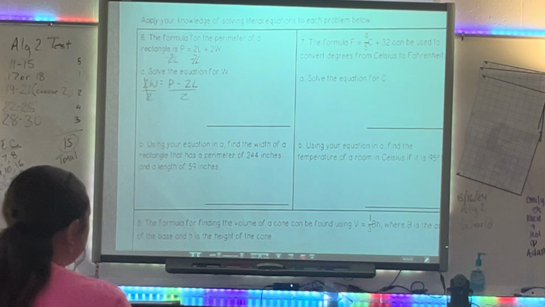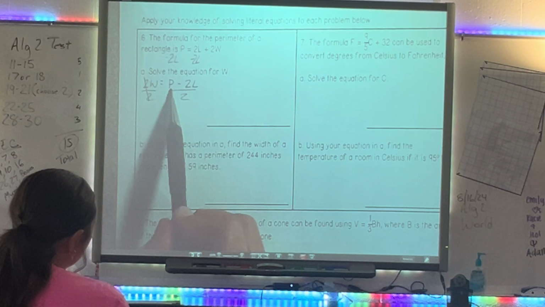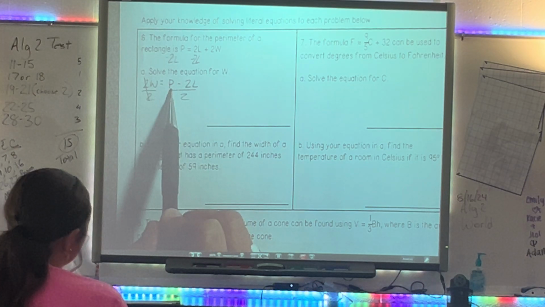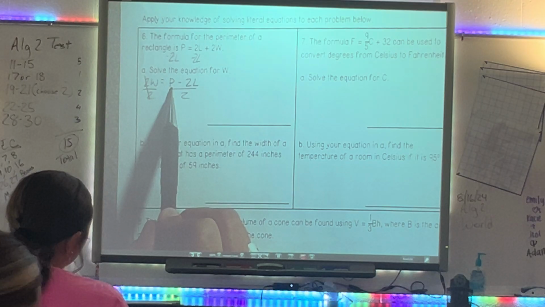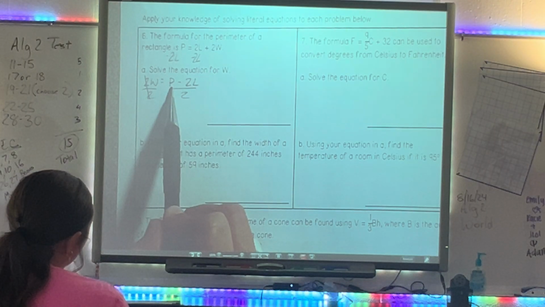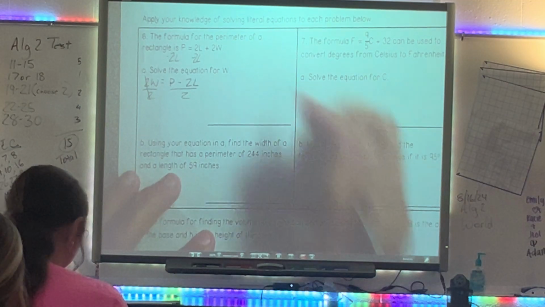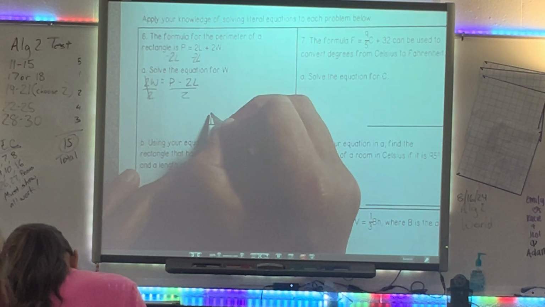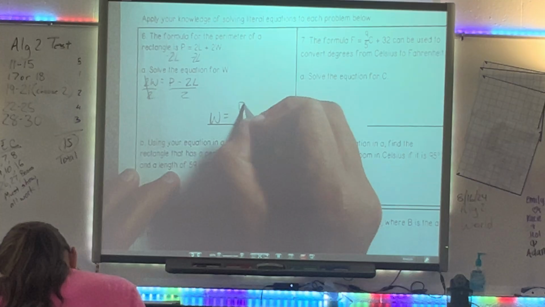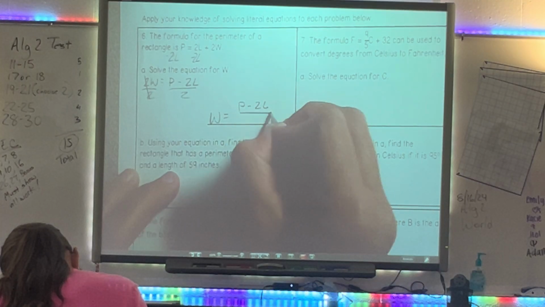Good. I can't do it here because this P doesn't have a 2. If this P had a 2, then I could divide both pieces by 2. But because I can't do it, this is as far as I can write that. So I would have W is equal to P minus 2L over 2.